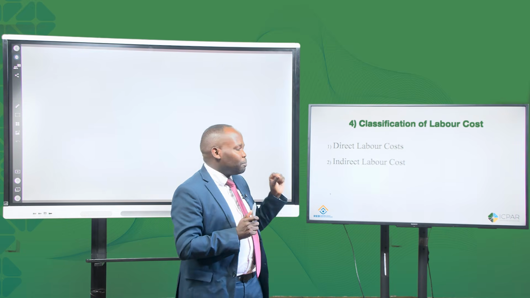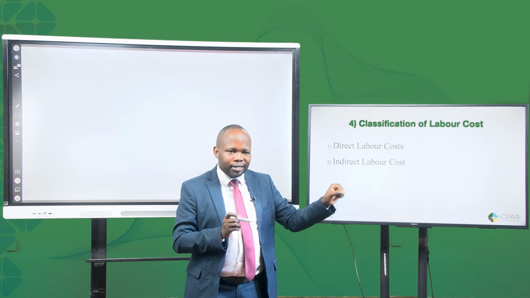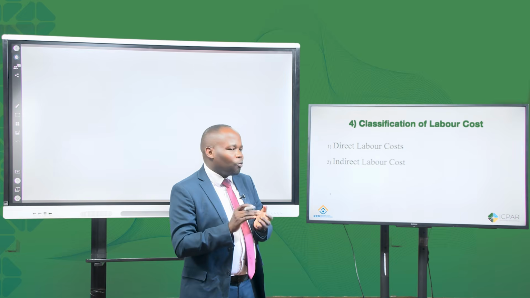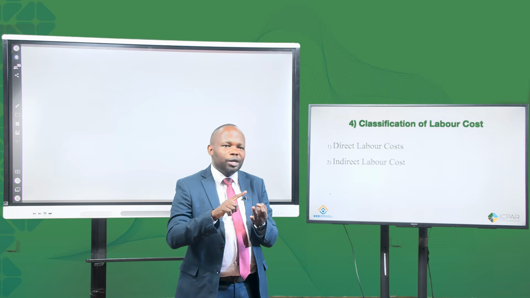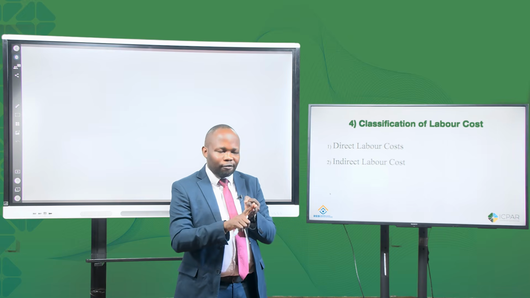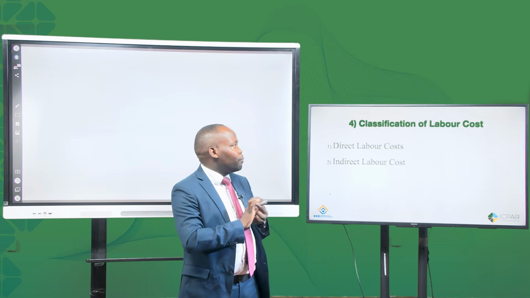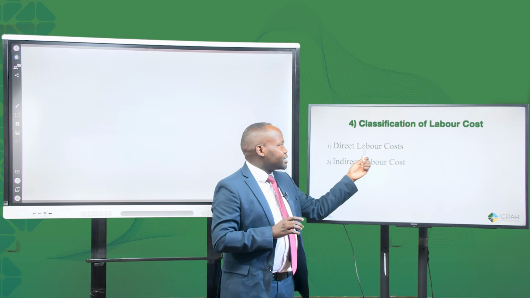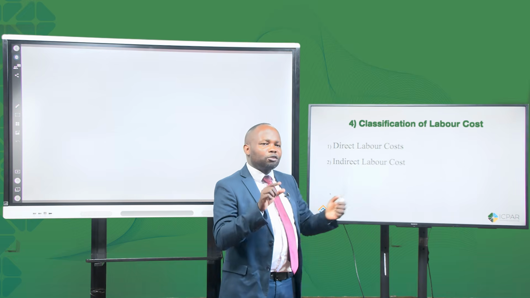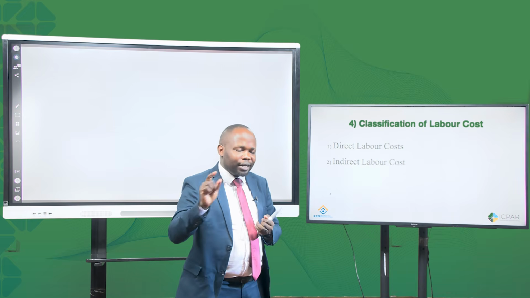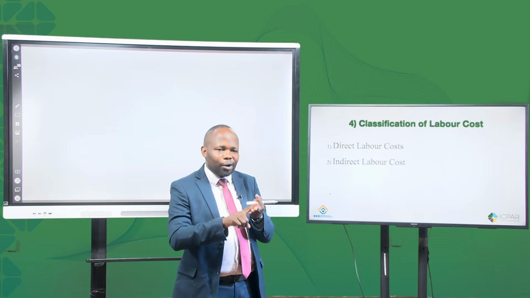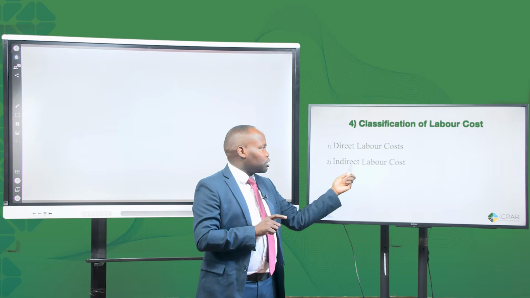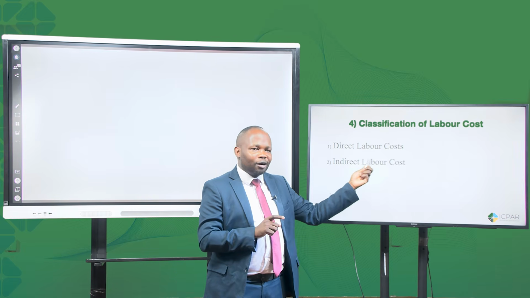But now when we come to direct employees, we have basic pay for standard hours, and we also have basic overtime. Those two components are direct labor costs. But all the other components, that is the overtime premium, allowances, and bonuses, they come back to what we call indirect labor costs.